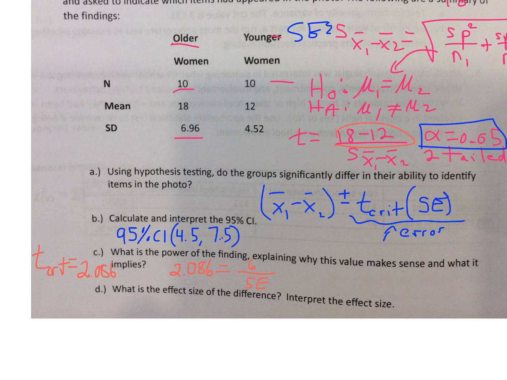Then what we need to find is what value of the two means being subtracted will put us just over or just under that t-crit. You're going to solve this equation for the numerator, and that's going to give you the value that we need to reject the null.